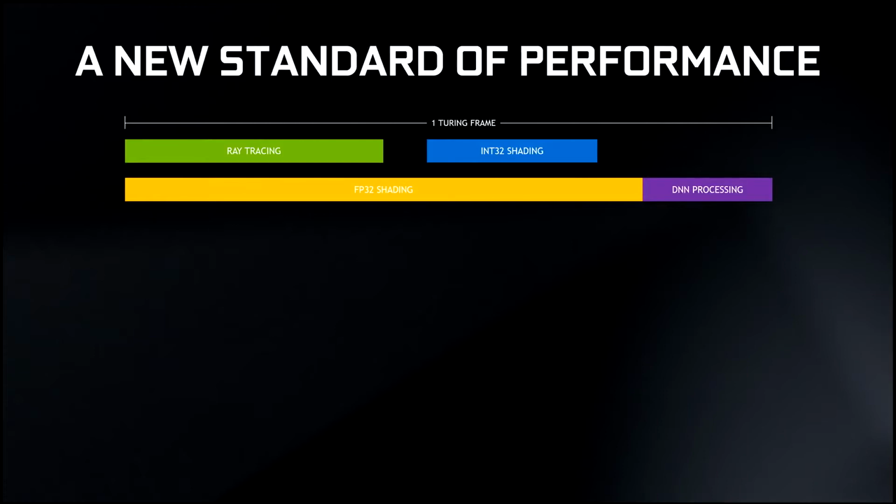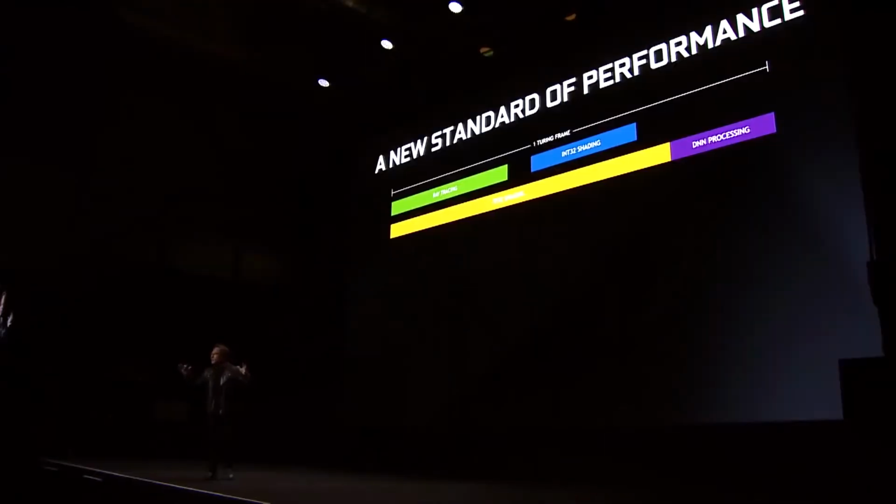One of the things that's really great about Turing's shader is that we can now overlap or run independently floating point and integer, and as a result, it's, call it 1.5 times more performant than it used to be. And then for DNN processing, when everything is done, we could use it to generate pixels that we haven't finished, to generate using artificial intelligence the pixel that we haven't finished, or use artificial intelligence to generate resolution that we otherwise couldn't have.